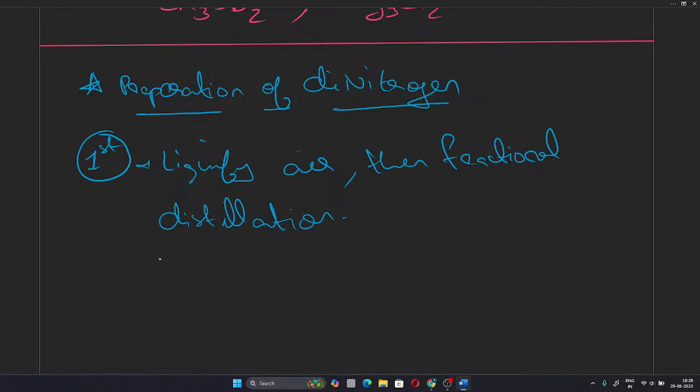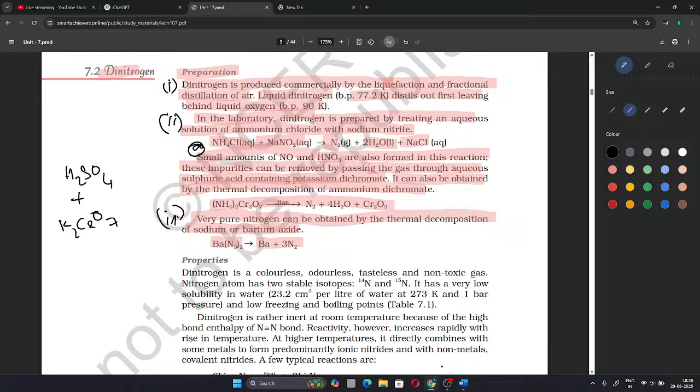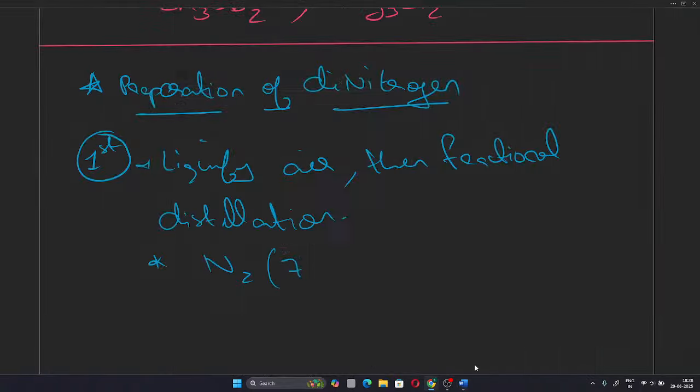Then in fractional distillation, nitrogen has a boiling point of 77.2 Kelvin, and oxygen 90 Kelvin.